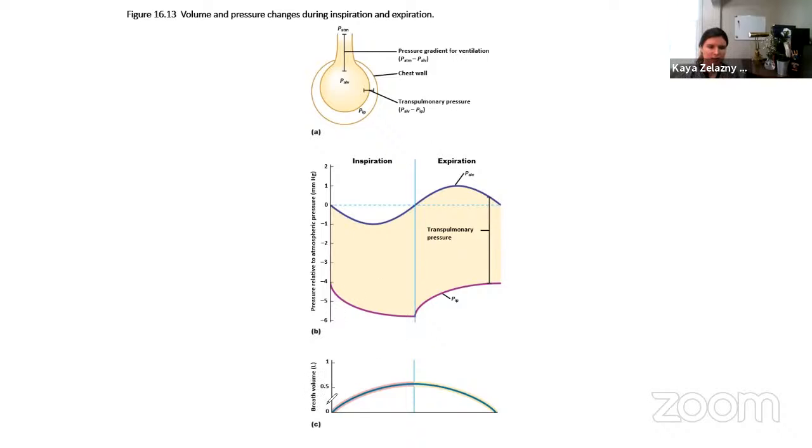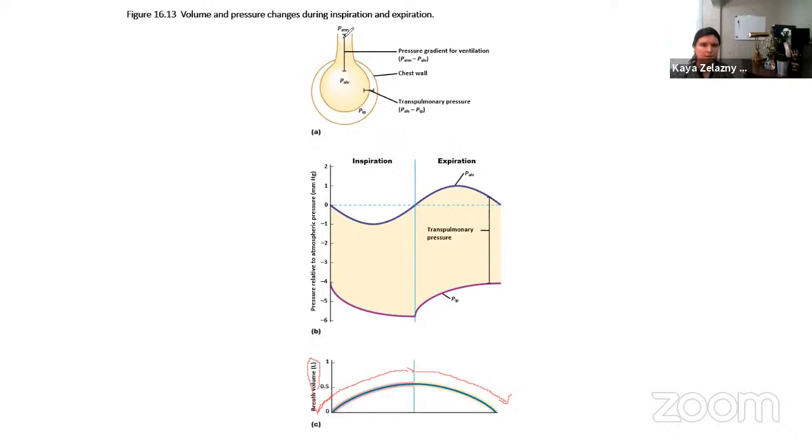So here we see our breath volume, all right? This is familiar, we saw this before, increasing during inspiration, decreasing during expiration. So that's our air in the lungs. You can see our breath volume here measured in liters, right? And now we are also looking, I'm gonna move my annotation controls because they're covering stuff up, okay?